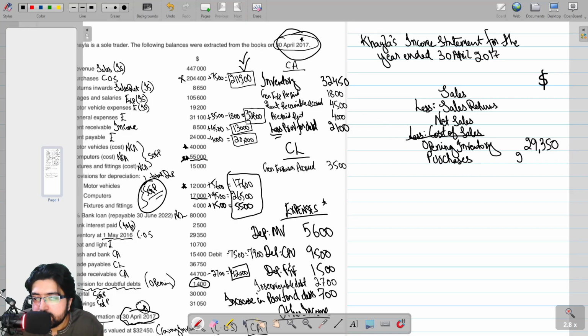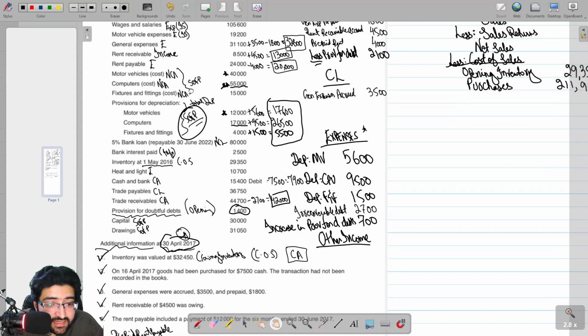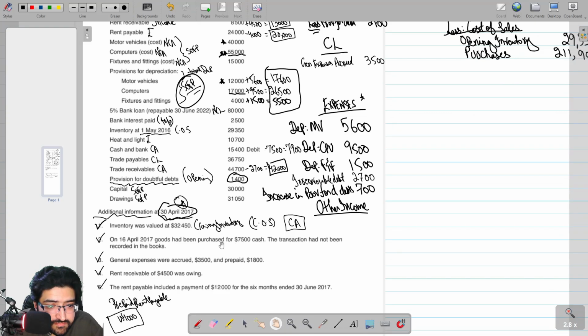So 211,900. This is the value of your purchases. Next thing in the format is purchase returns, but I don't think there were any purchase returns in this. Yeah, no purchase returns were mentioned.